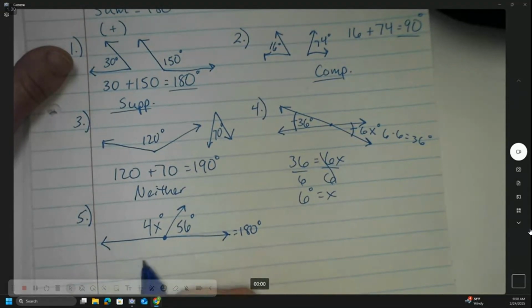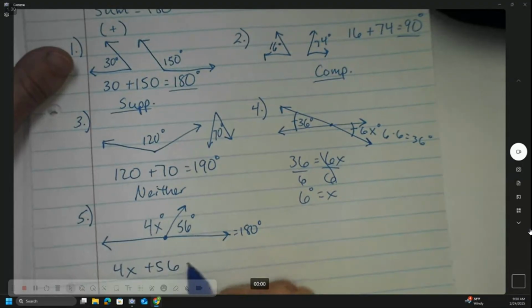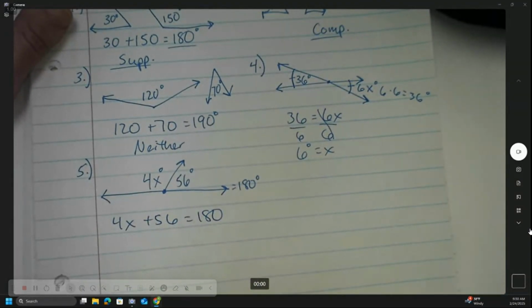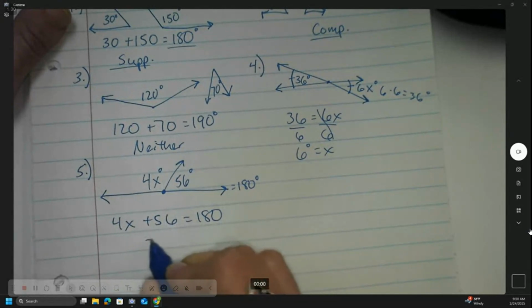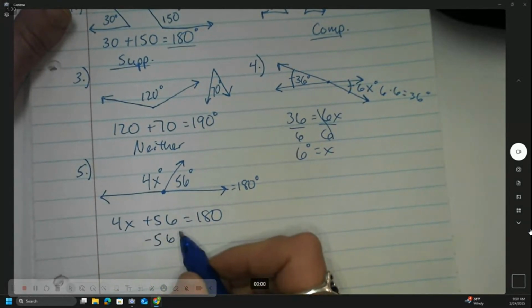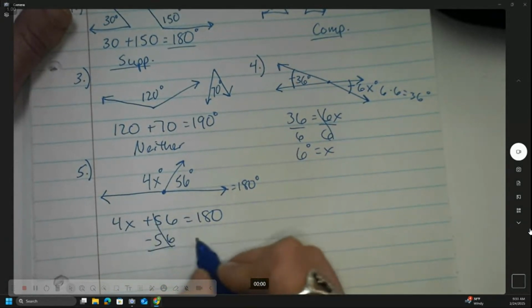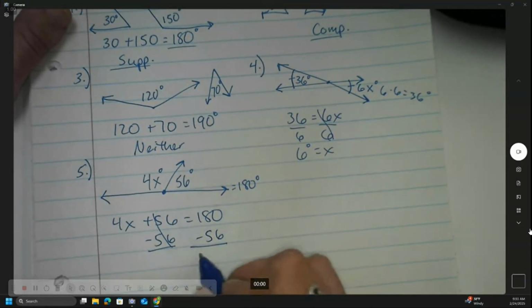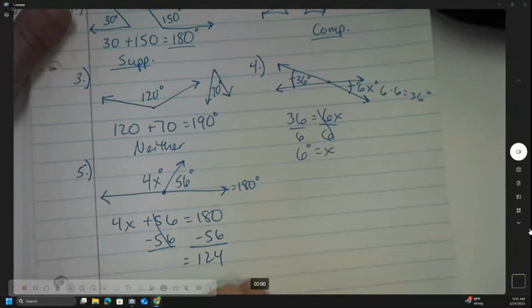All right? So let's go ahead and set that up as an equation, which I taught you all last chapter, was equations and inequalities. This is a 2-step equation. You got to undo the adding and subtracting first. I see adding. The opposite of adding is subtracting. I'm going to subtract 56 from both sides of the equal sign. 180 minus 56 is 124. Bring down your equal sign. Bring down your 4 times x.